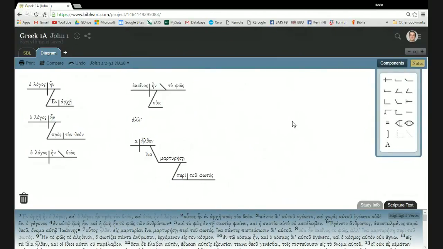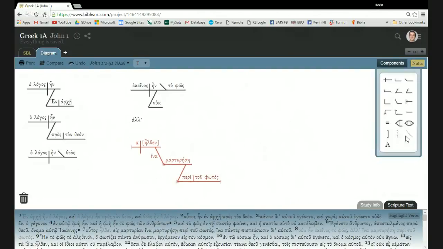So that is how I would diagram it, and the difficulty here is that Ēlthen, meaning he came, had to be supplied from the parallel line at the start of verse 7, and it's been elided, it's fallen away in the duplicate sentence.